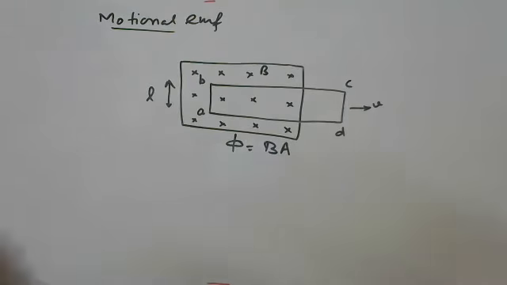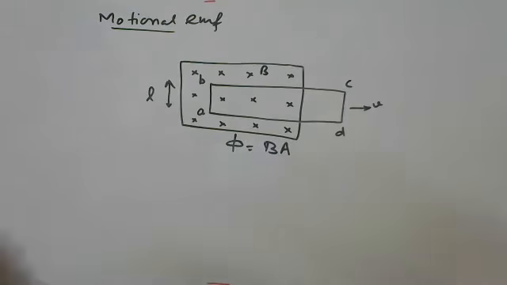It means there is a change in flux linkage. So in the coil ABCD, induced EMF must develop. If this coil is a closed one, induced current also develops. This is as per the Faraday law, and the direction is given by the Lenz law.